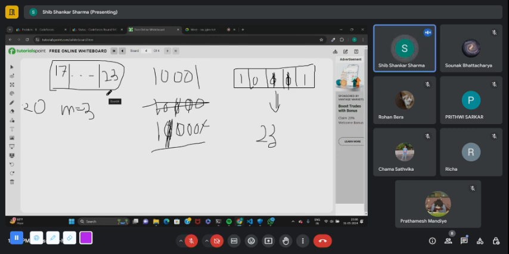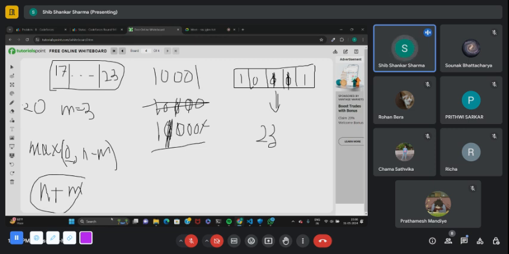The maximum value will of course be n plus m, and the minimum value will be the maximum of 0 or n minus m. In case n minus m is negative, then I will consider the minimum value to be 0, and of course the maximum in my range will be n plus m.